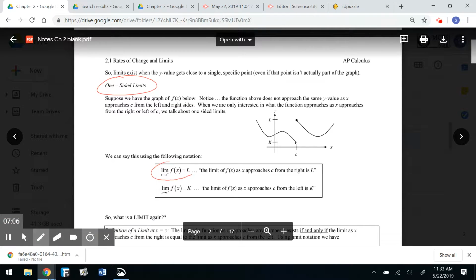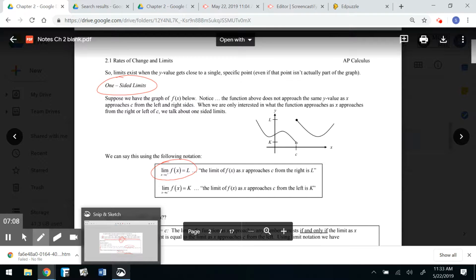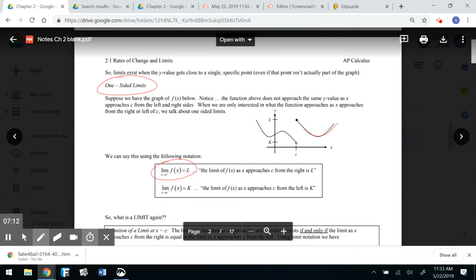This is how we say the limit as x approaches c from the right-hand side. As we approach c from the right-hand side, our limit value is L. It doesn't matter what the function value is, it's where we approach as we come from the right-hand side. Now this one would be the limit of f of x as x approaches c from the left, from the left-hand side.